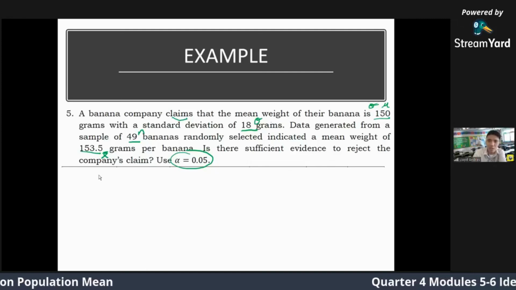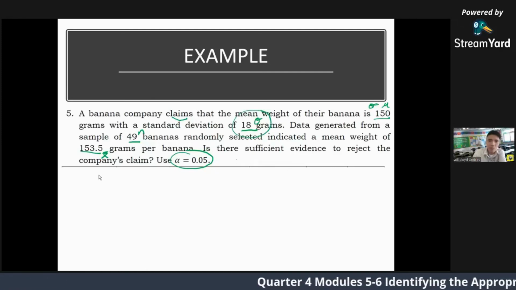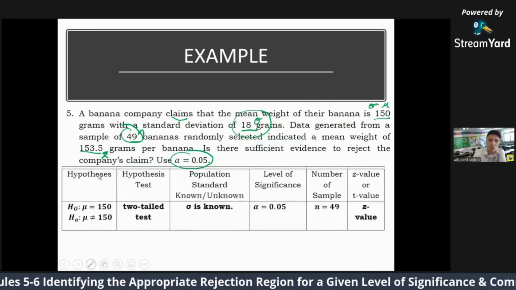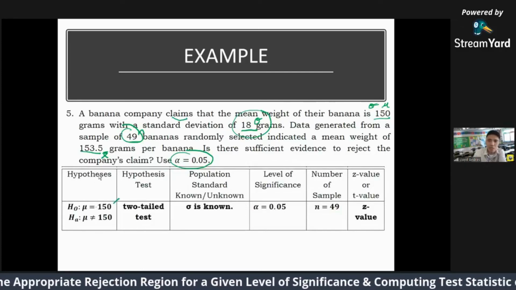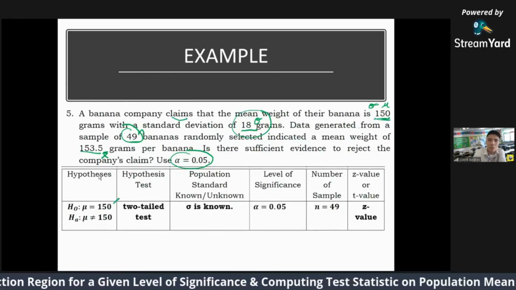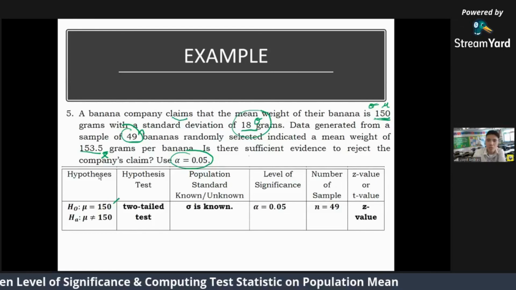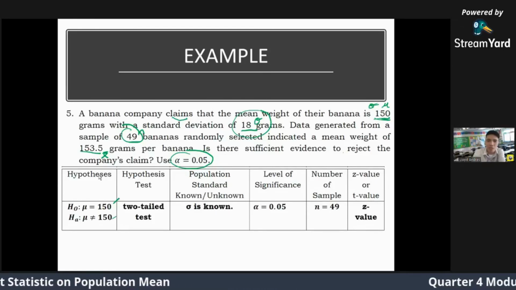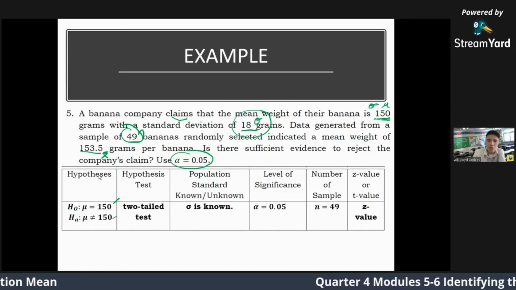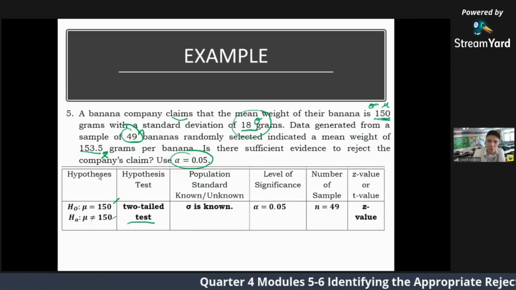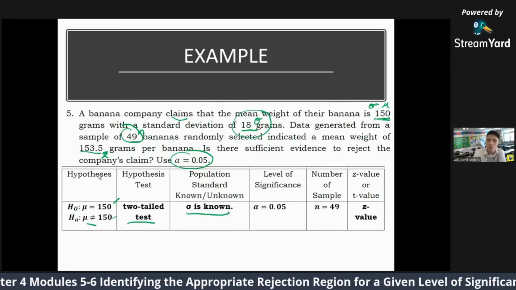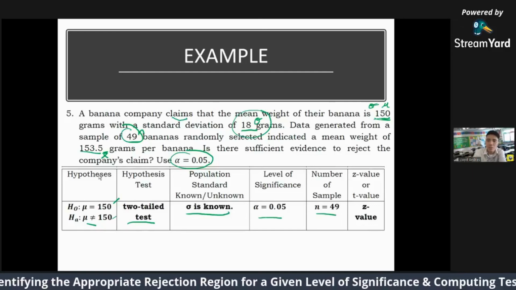So, since given atong sigma, tapos sample size nato is greater than 30, so this means mag-z-test ta. So, ang atong hypothesis equal to 150, mu. Not equal, kay wala man siya diri, is there sufficient evidence to reject the company's claim lang man? Wala man siya ingon less than, greater than. So, not equal, so therefore, mag two-tailed test ta. Given si sigma and alpha, and n nato is 49, so therefore, mag z-test ta.